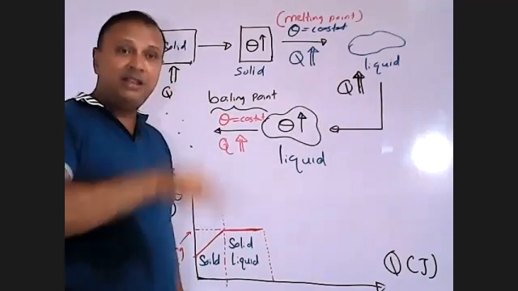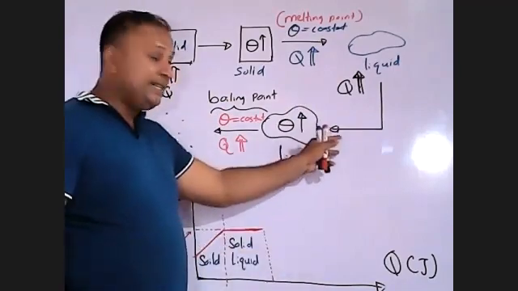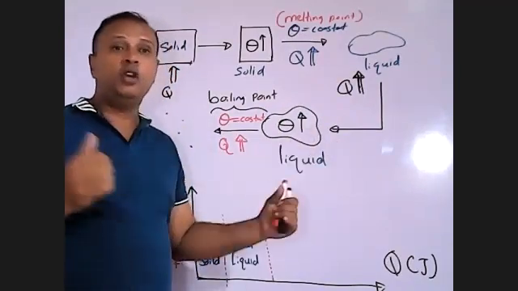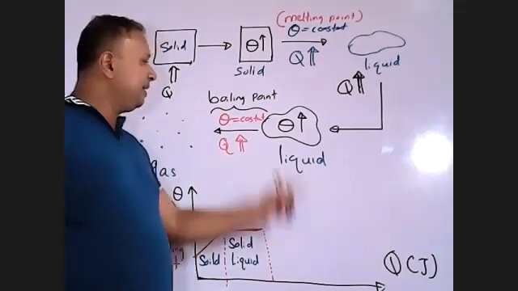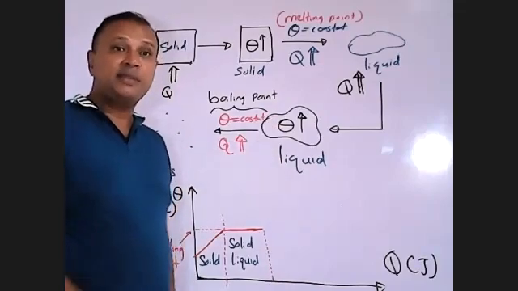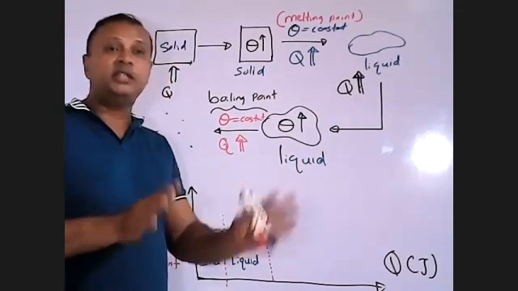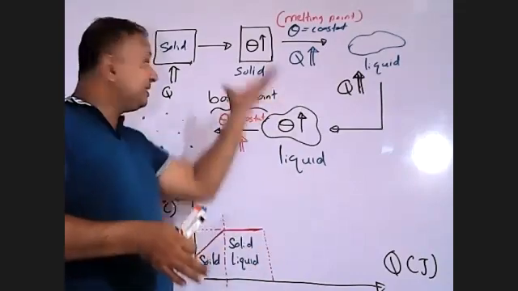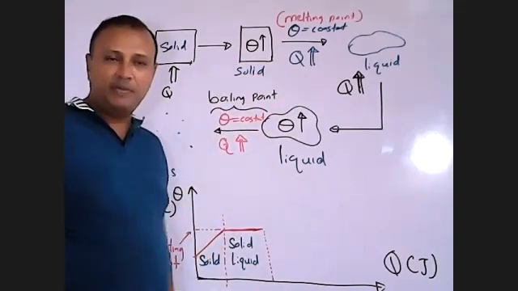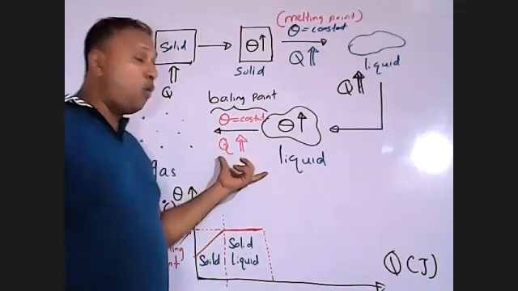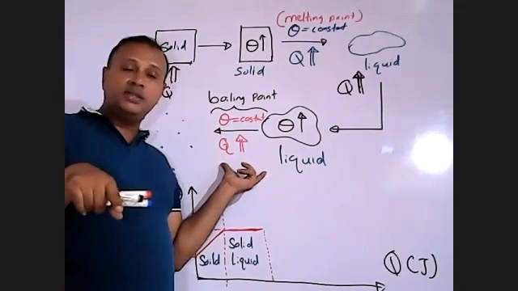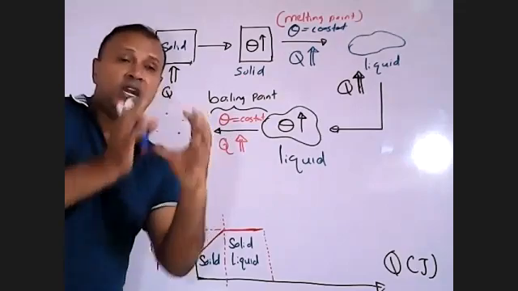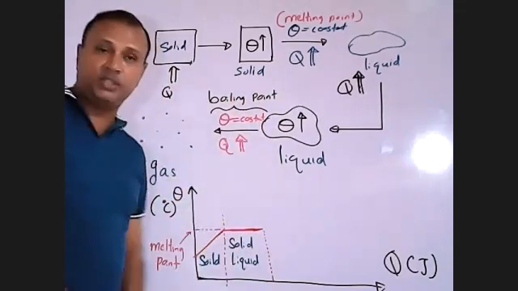Then there will be a certain point where the vibration cannot be borne by the intermolecular bonds. So at that point, the intermolecular bonds start to break. Again, the same scenario will happen. Once the intermolecular bonds start to break, the supplied heat is fully utilized to break those bonds.